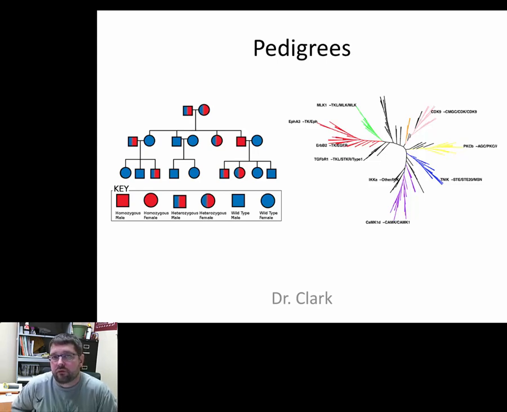To finish up Mendelian genetics, or the introduction to genetics, we're going to talk about pedigrees today. Now, most people know something about generalized pedigrees, which is what this left figure is showing you. That's in regards to great-grandparents, grandparents, parents, and then the offspring produced from that.